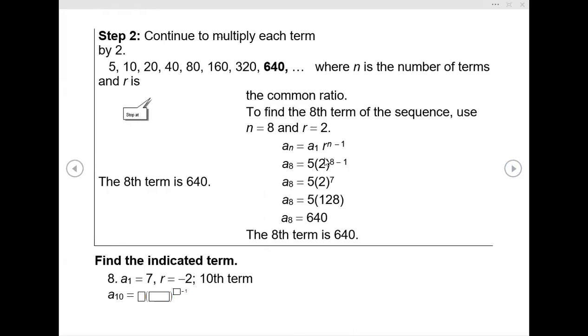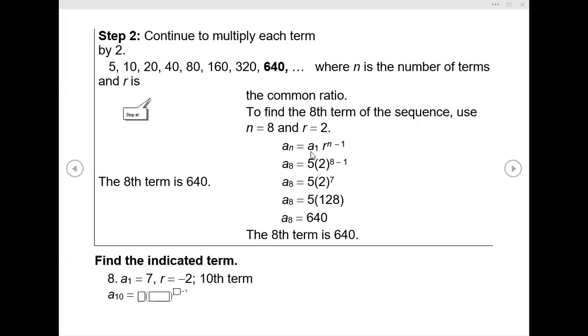So what does each part stand for? n represents the term we are looking for. He said at the beginning, find the 8th term, so n here is 8. What about r? r is the common ratio: 10 divided by 5 equals 2, 20 divided by 10 equals 2, so r equals 2.